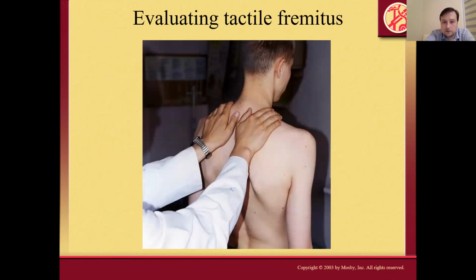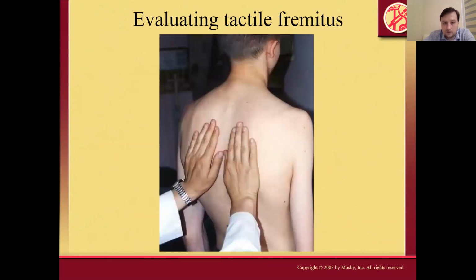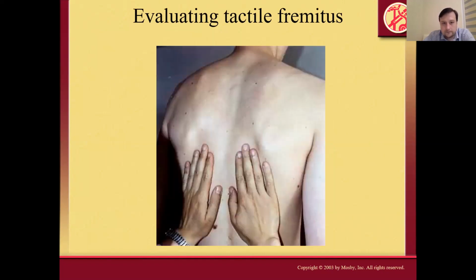On the picture you see we palpate the apexes of the lungs, then the middle position and lower borders of the lungs. In each place, the vibration that we feel should be symmetric.